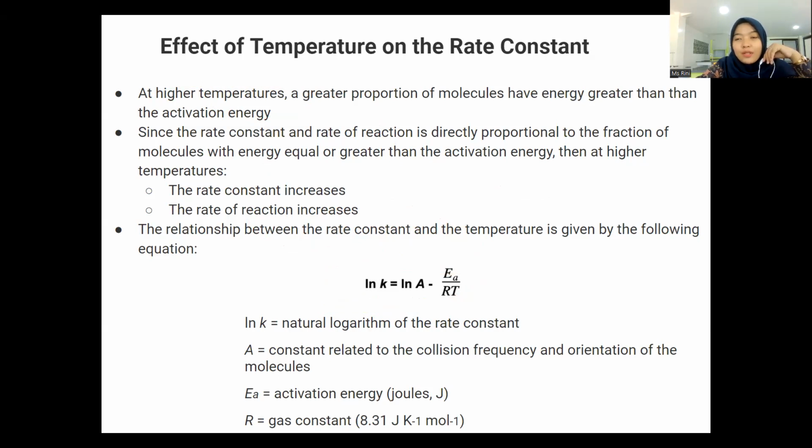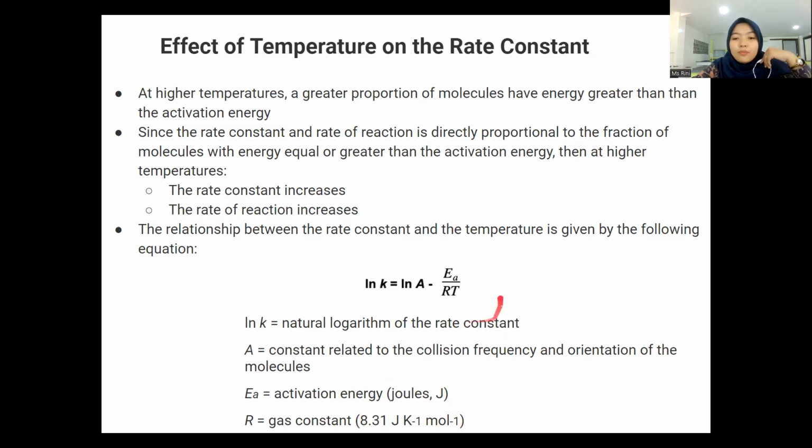So I need your good mathematics skills here. Be careful when using this formula and also when inserting it on your calculator, because we use ln, or natural log. Here R is the gas constant, that is 8.31 joule Kelvin minus 1 mole minus 1.